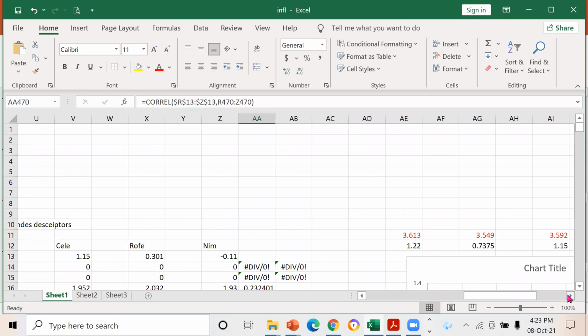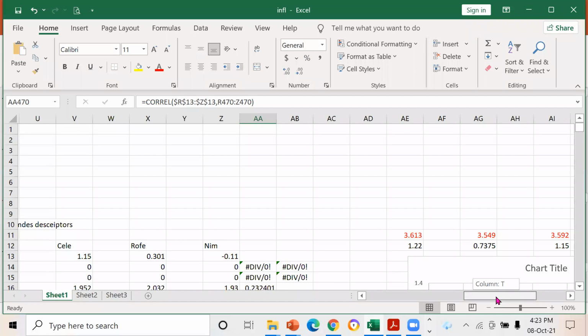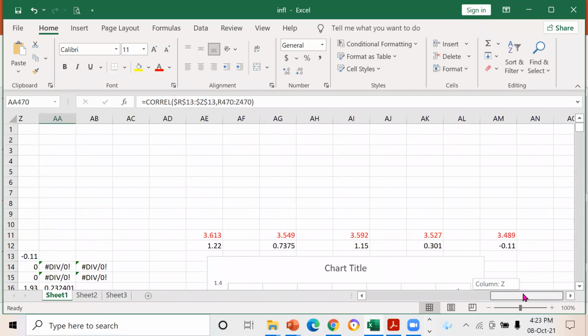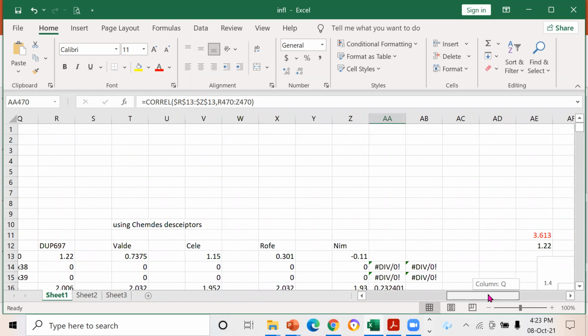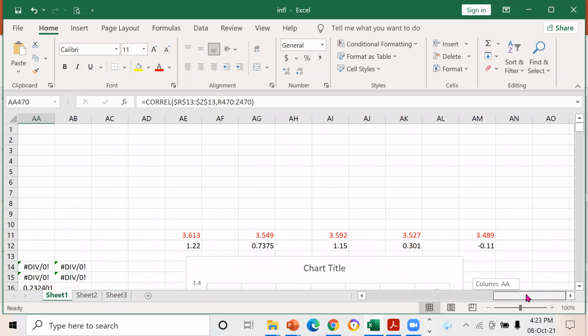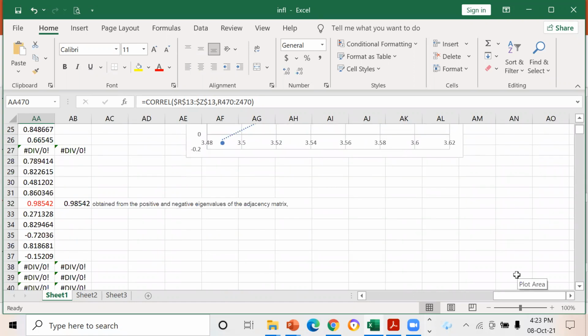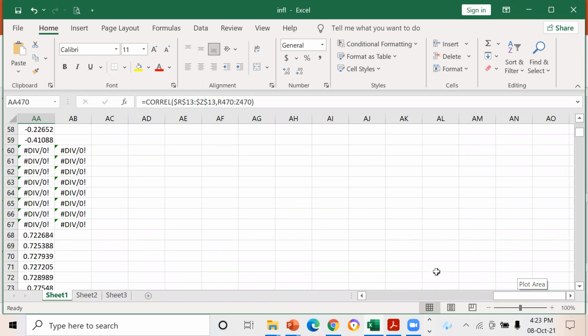I think I've drawn it also somewhere. I have not drawn that actually.